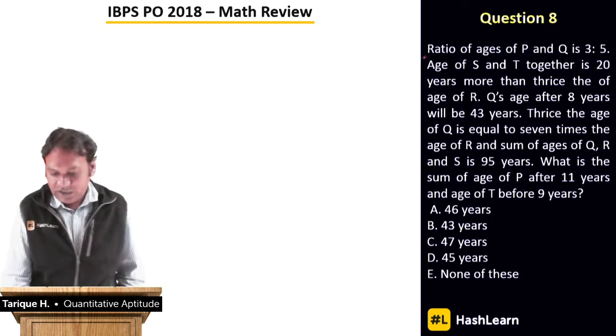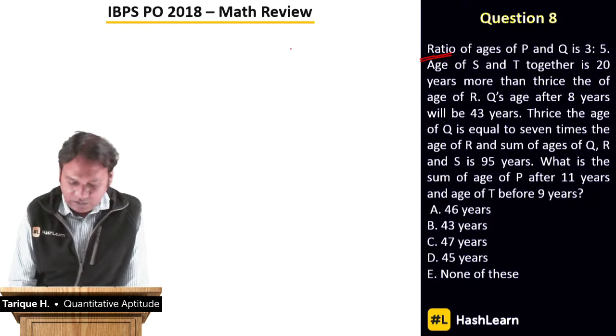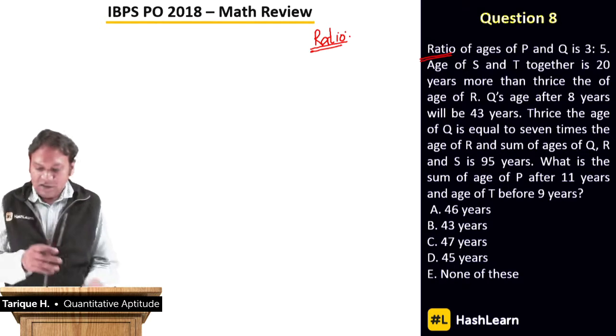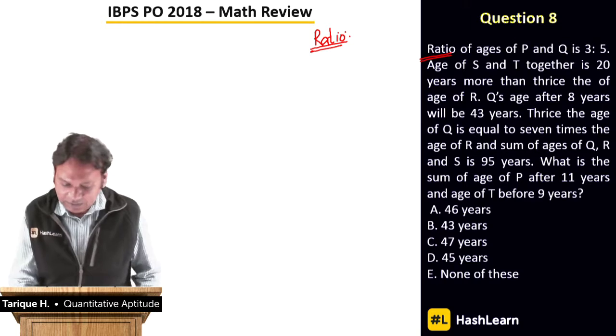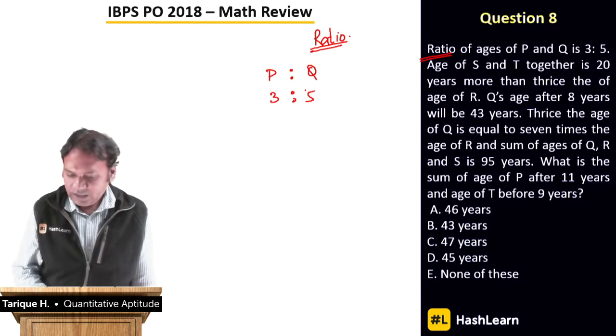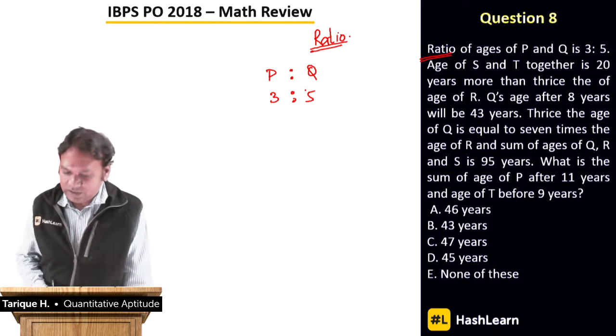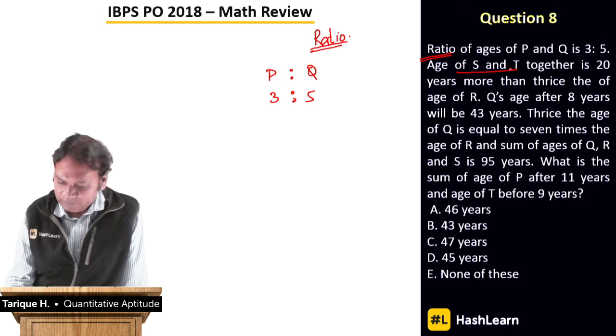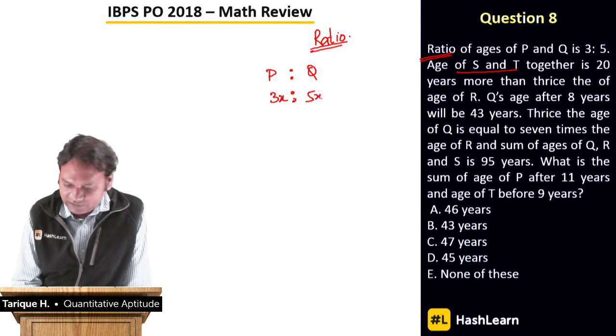Now this is a ratio based question. Another topic which is very common in exams, the ratio topic. The ratio of ages of P and Q is 3 is to 5. So let's take 3x and 5x.